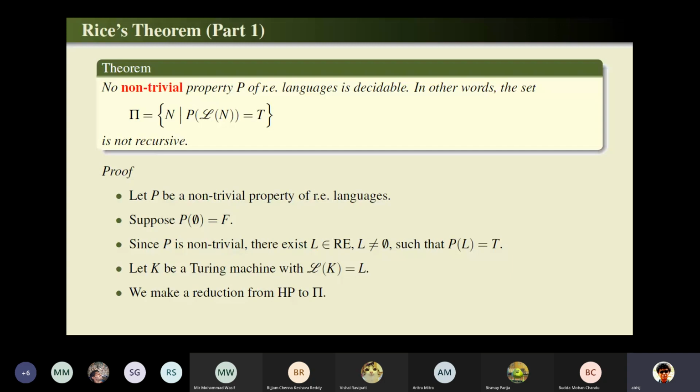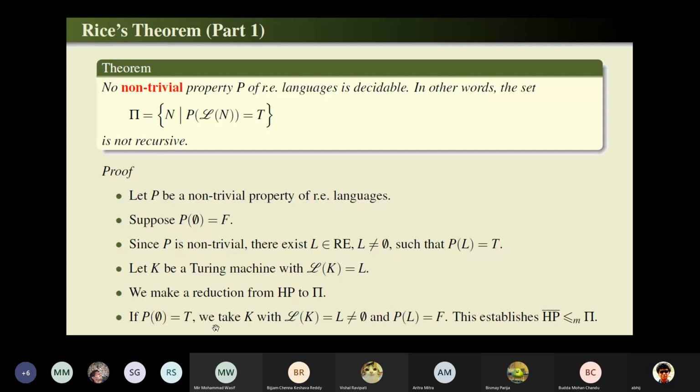Is it clear? Okay, maybe in the next line, you just do this. If this is actually true, then take K, there must exist some L for which this is false. And it has some Turing machine K, whose language is L, non-empty, and property of L is false.